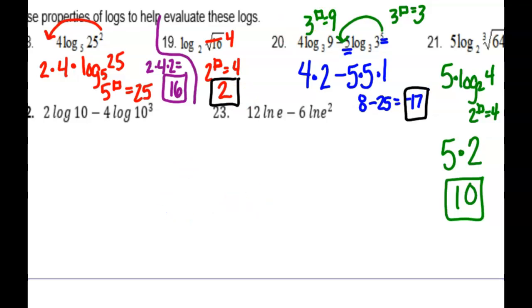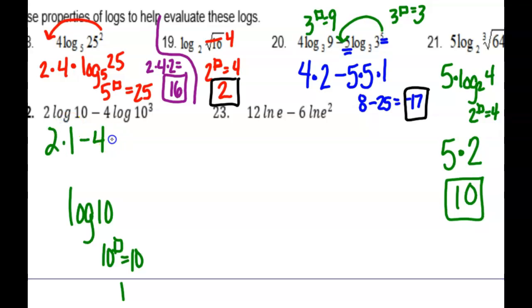All right. Can we just shortcut these next ones? Log base 10 of 10 is what? This would be 1. So this is 2 times 1 minus 4 times 3 times 1. What is that, guys? Negative 10? 2 minus 12 is negative 10.